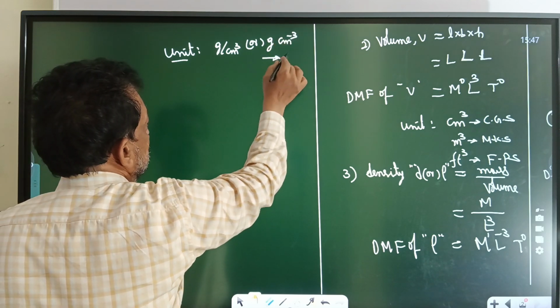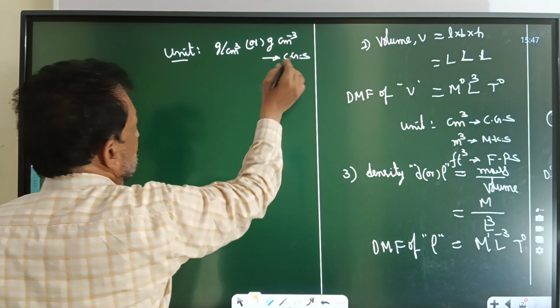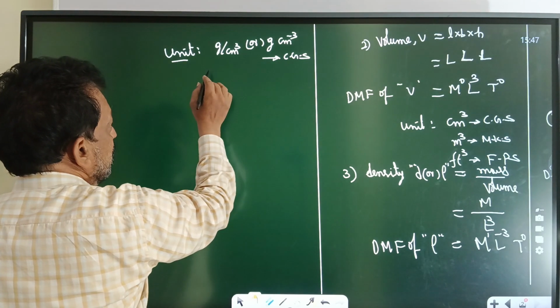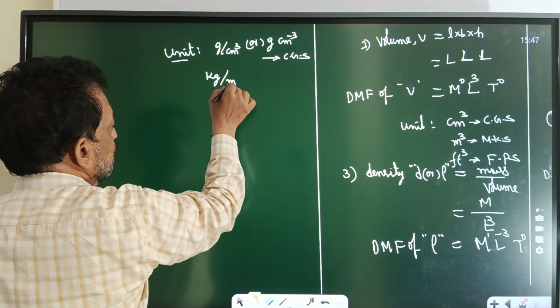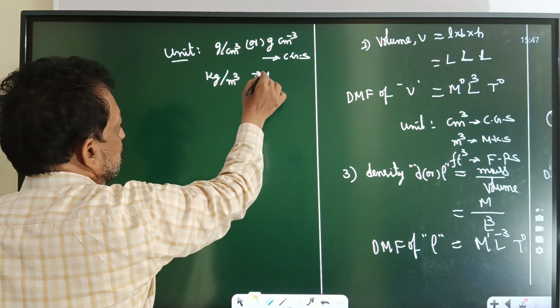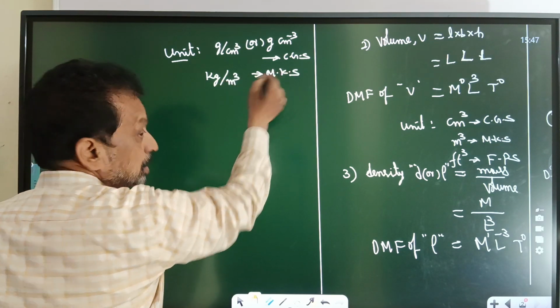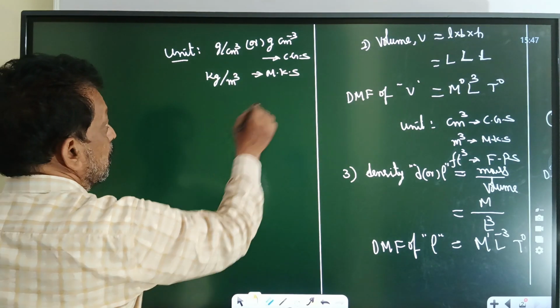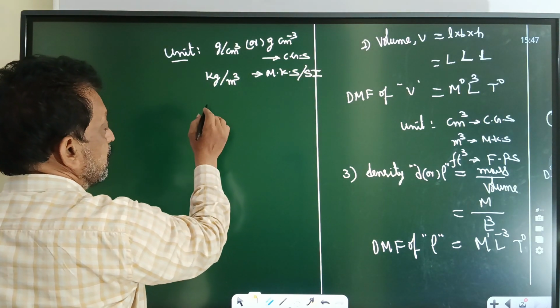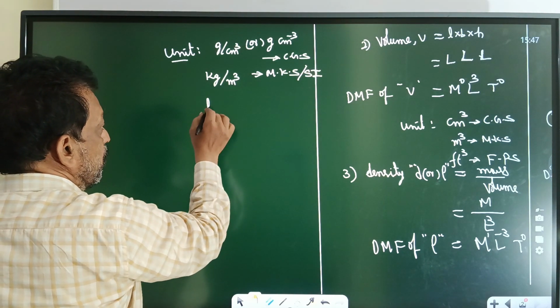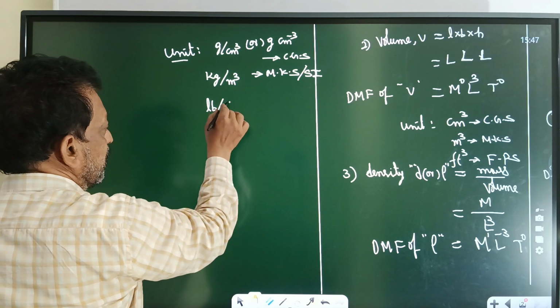In MKS system, kg per meter cube, the MKS or SI unit also. In the FPS system, pound per foot cube.